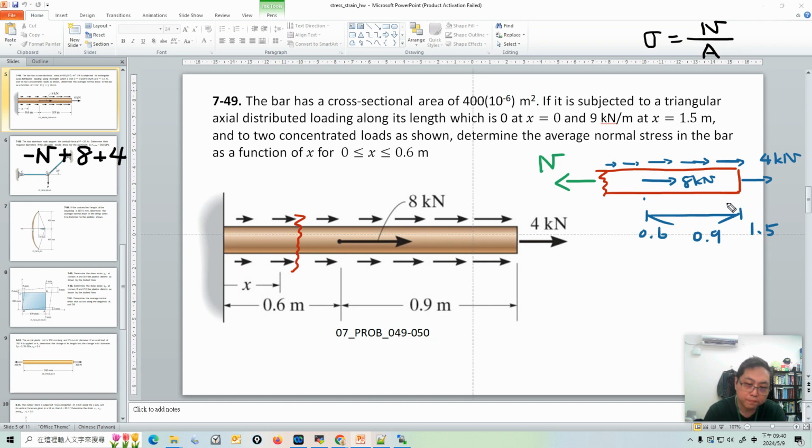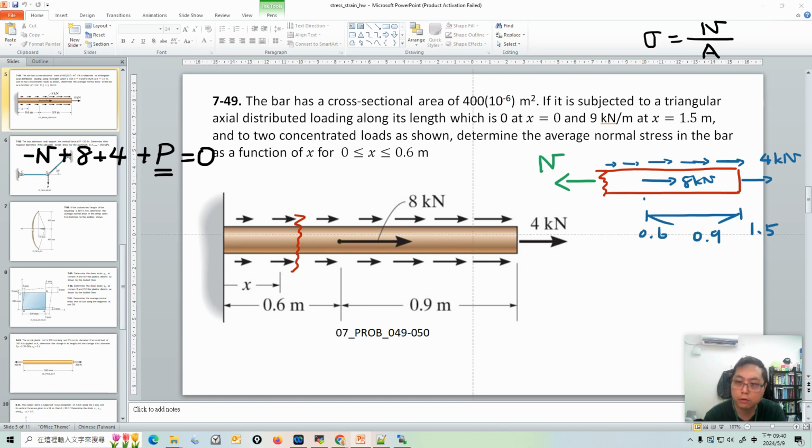No, because we also have a distributed load. We add the distributed load force together with these, and it becomes zero. That's the rigid body equilibrium. So the problem is, what is the force from the distributed load?